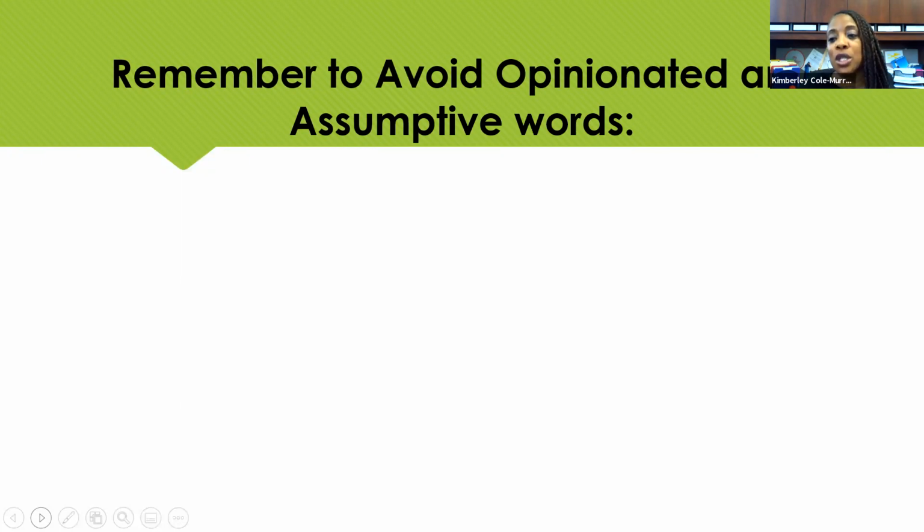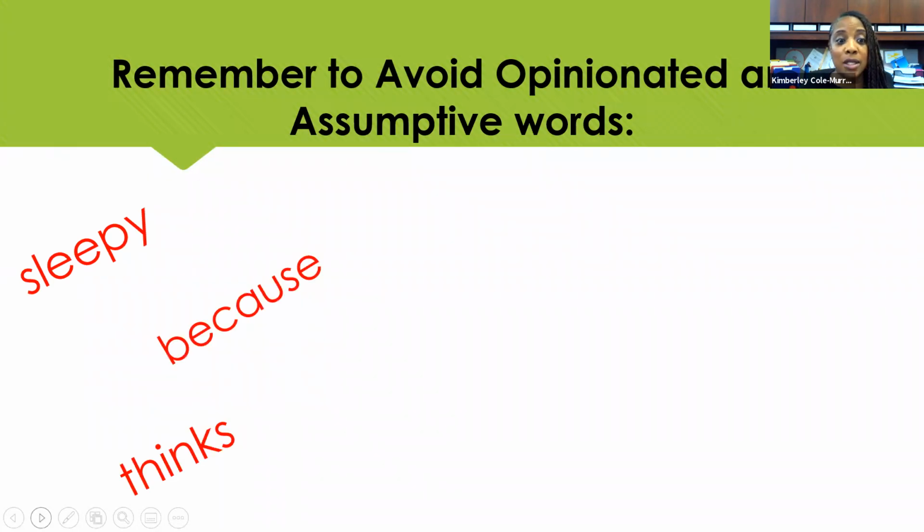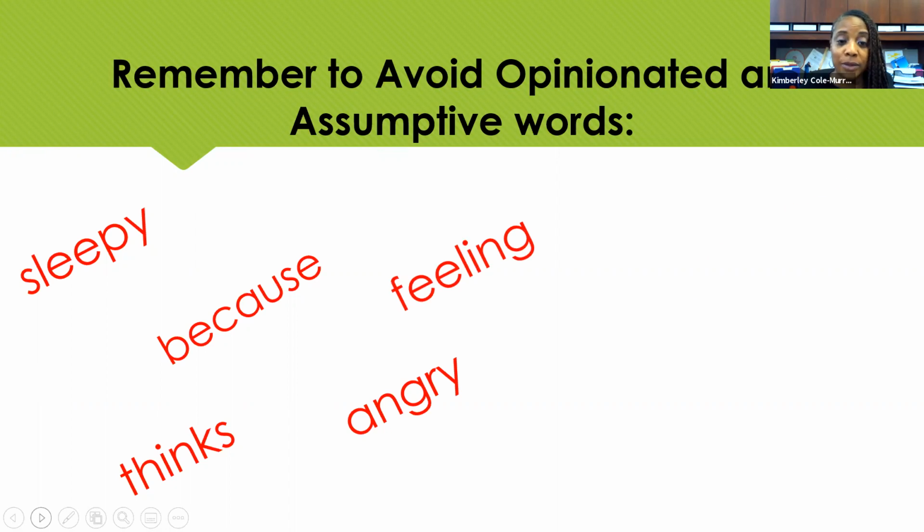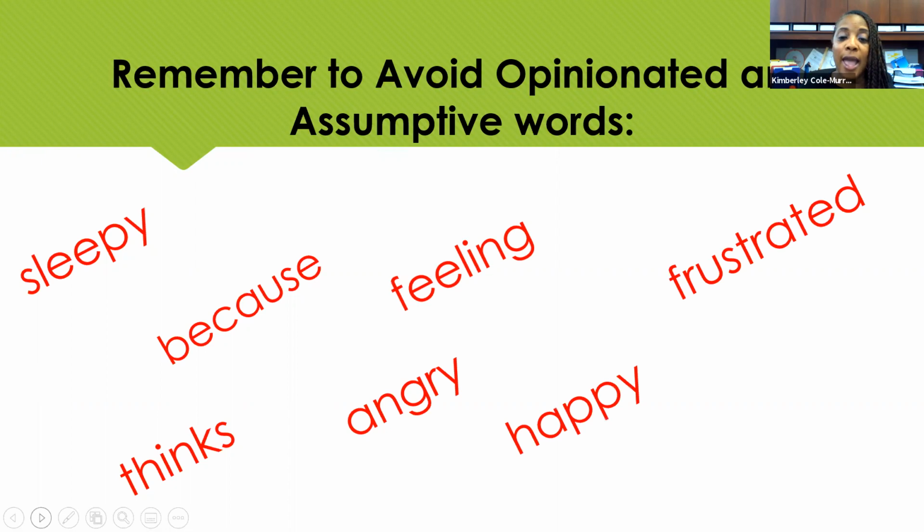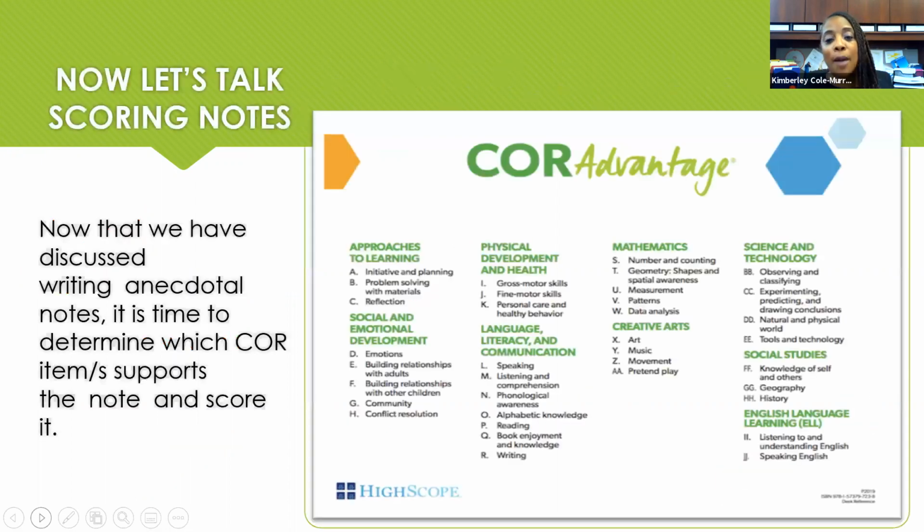And we don't want to use assumptive words such as sleepy, because, thinks, feeling, angry, frustrated, happy, and we don't want to say probably as well. Those words, again, give your opinion, and we don't want to do that.